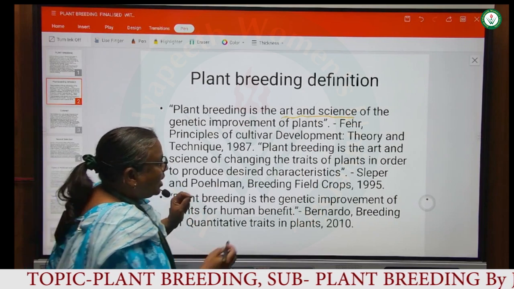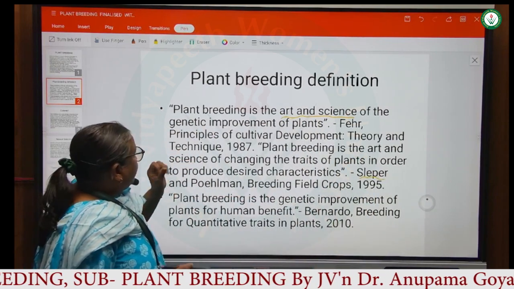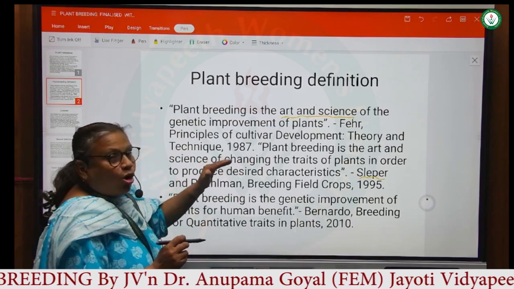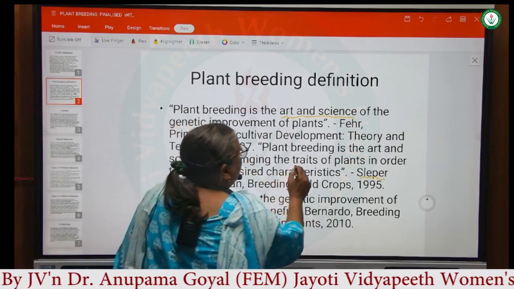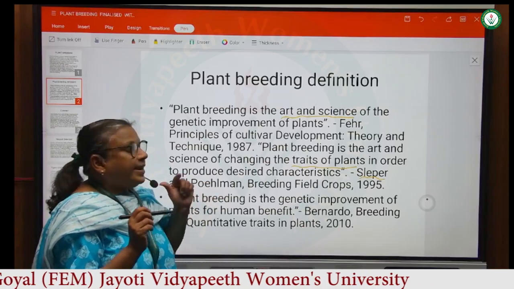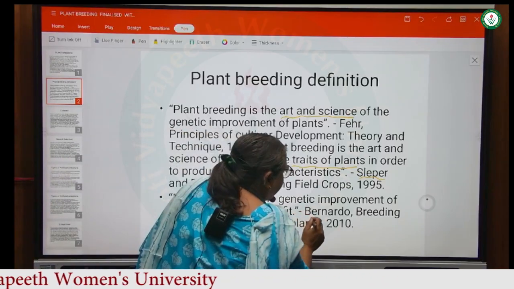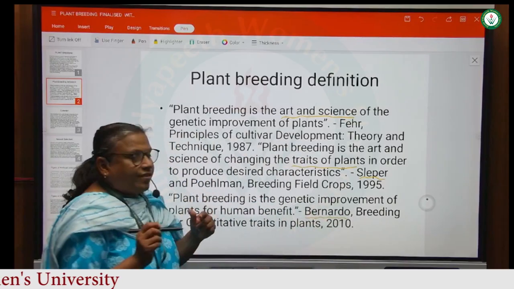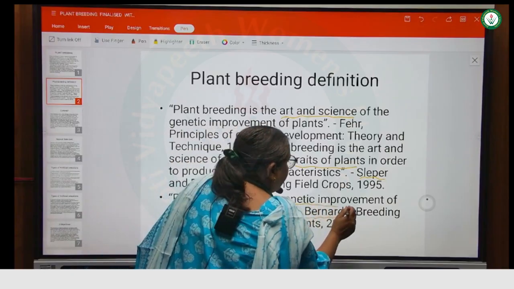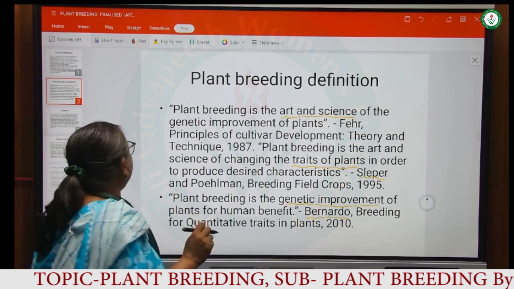According to Slapper, plant breeding is the art and science of changing the traits of plants in order to produce the desired characteristics. And according to Bernardo, plant breeding is the genetic improvement of plants for human benefit.